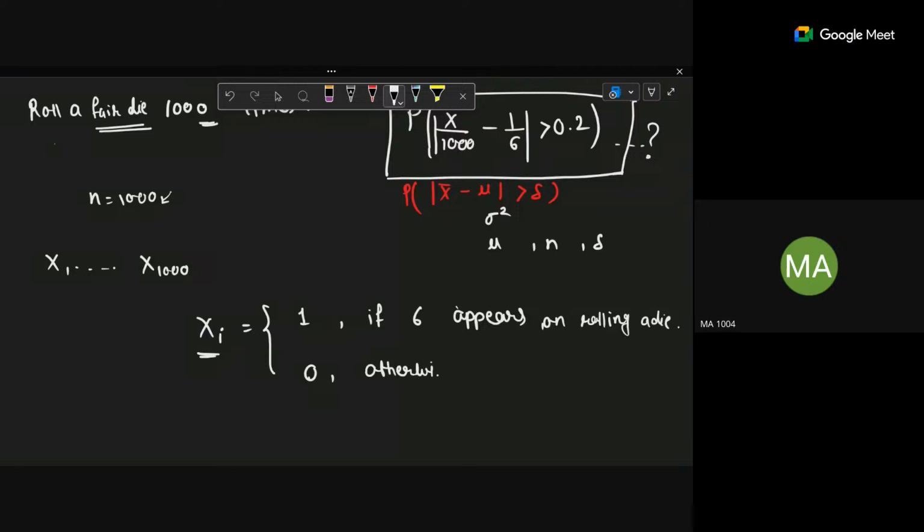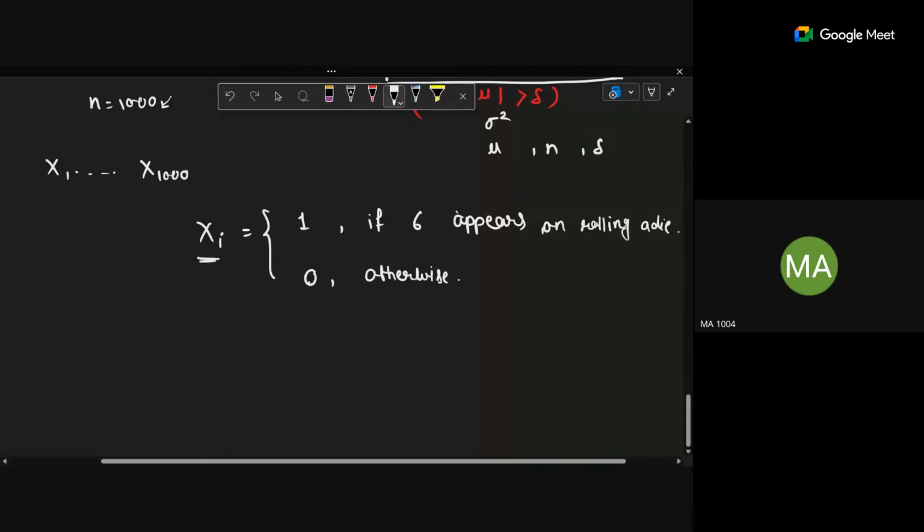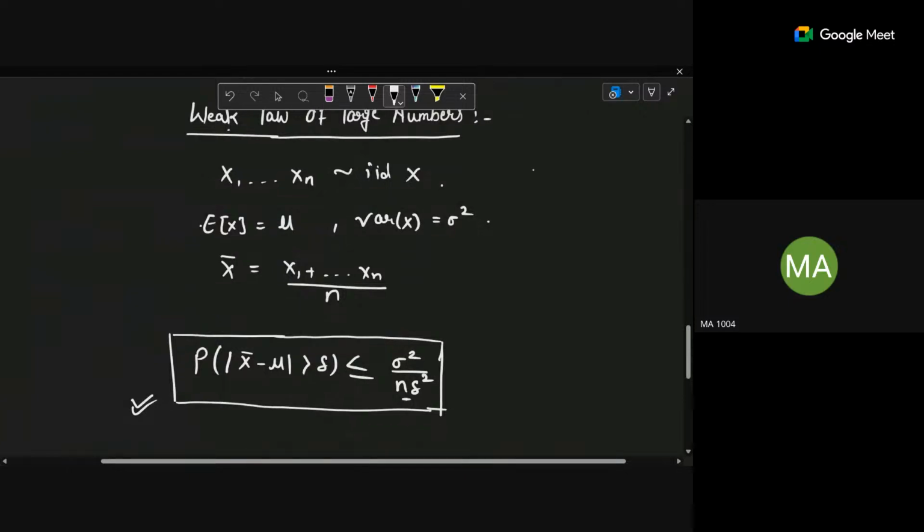Just tell me, if the xi's are such random variables, will they be independent? That means x1 will give you 1 if 6 appears, or otherwise 0. x2 will give 1 or 0, similarly. Are they independent? Because we can apply the weak law of large numbers if and only if these conditions are satisfied, otherwise we can't.